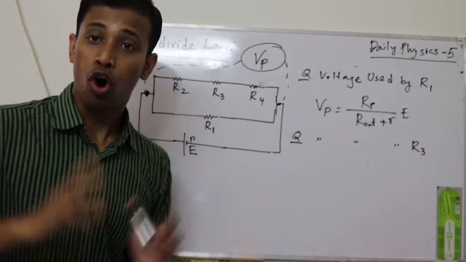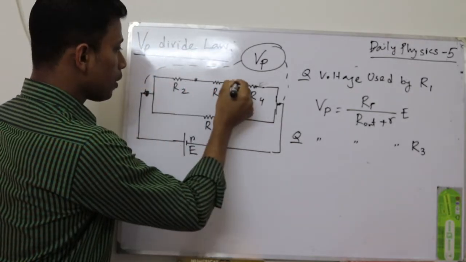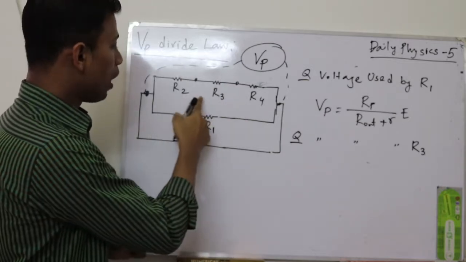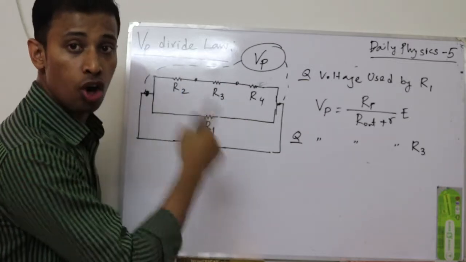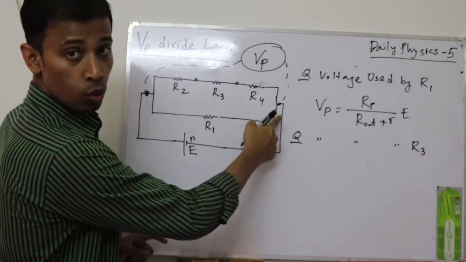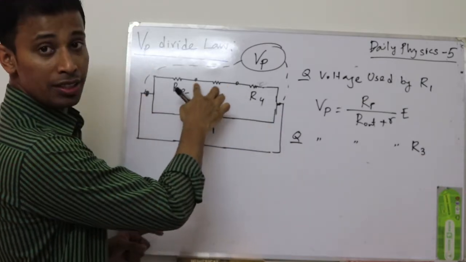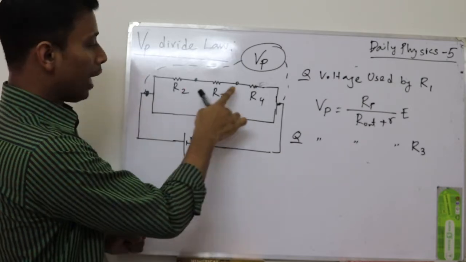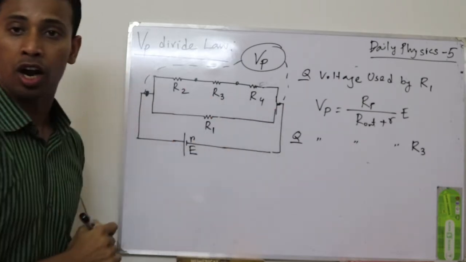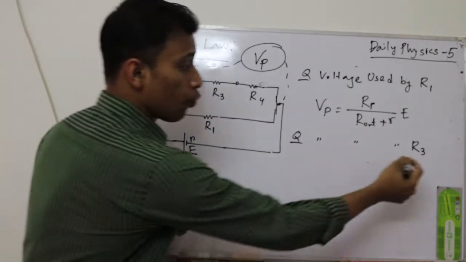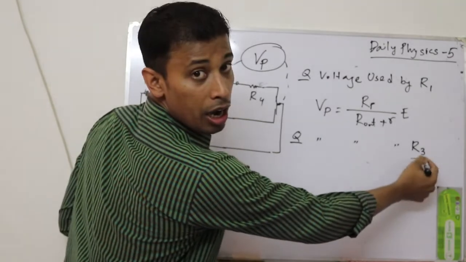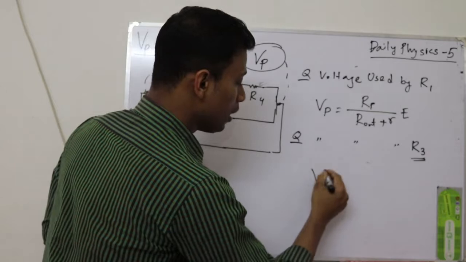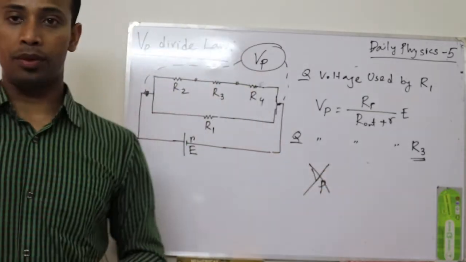Then what will we do? Obviously, the starting and ending points of R3 are not these 2, but these 2. So this point and this point are not the same, so the voltage difference through resistance R3, or the voltage used by R3, is not Vp.